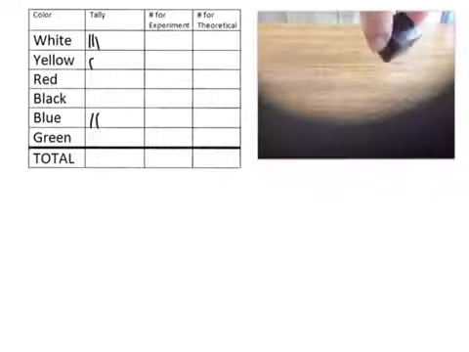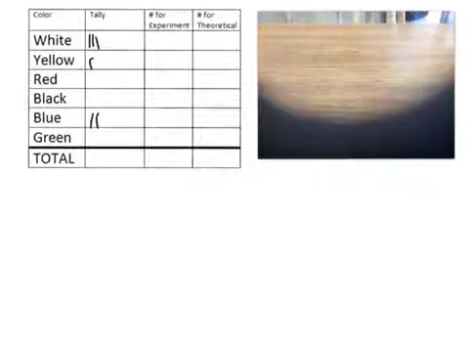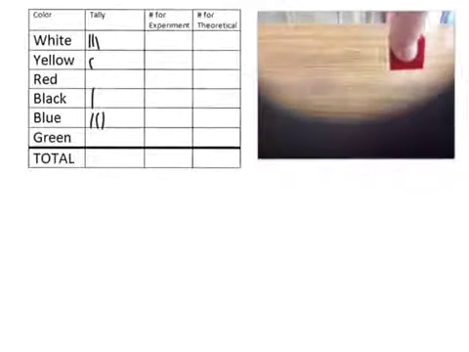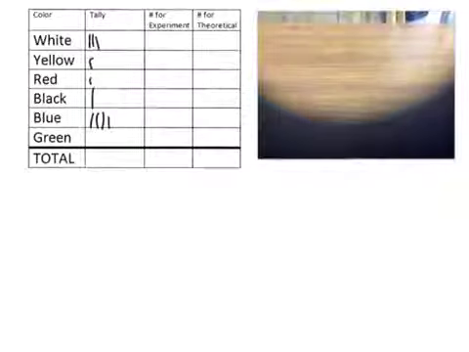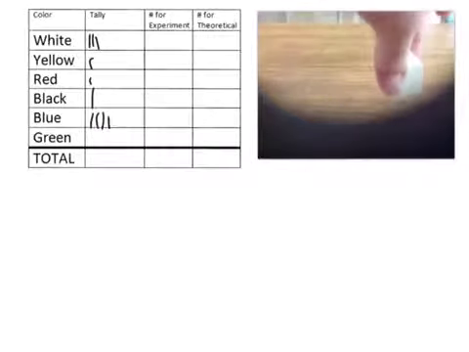All right, moving on. Black. Blue. Red. Blue. White.